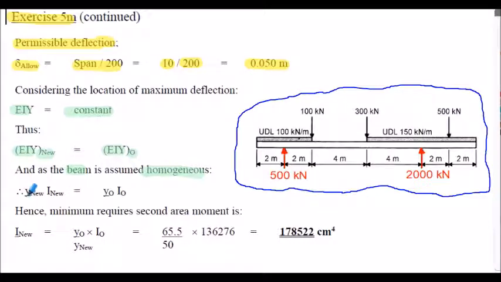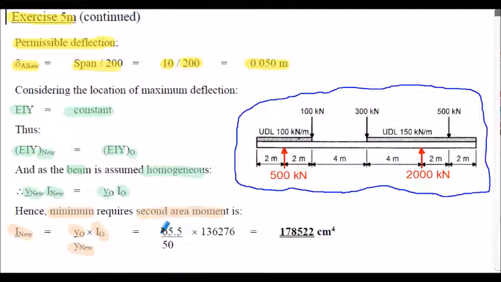So the deflection of the new beam multiplied by the I value for the new beam, we're going to assume, is the deflection of the old beam multiplied by the I value for the old beam. So from this equation, we can determine the minimum required second moment of area. The new I value can be found by factoring the original I value by the ratio of the original deflection over the required deflection.